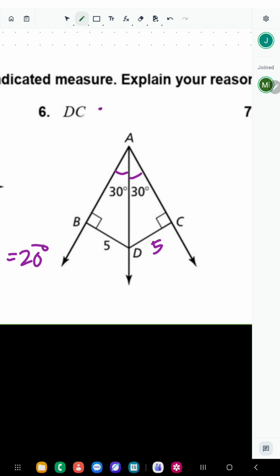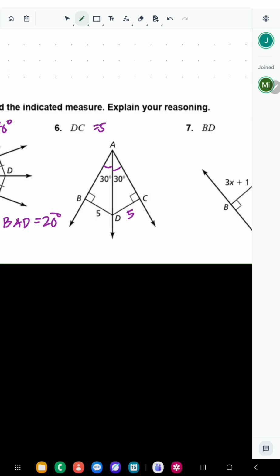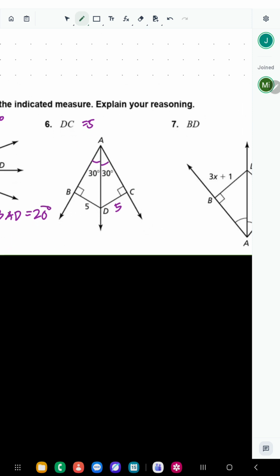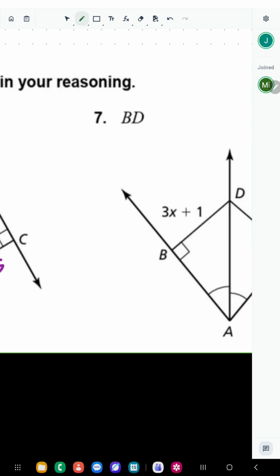So DC is also equal to 5. So if AD bisects angle BAC and DB is perpendicular to AB and DC is perpendicular to AC, that means BD is equal to DC.